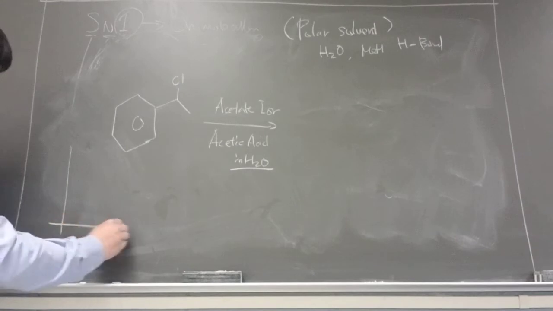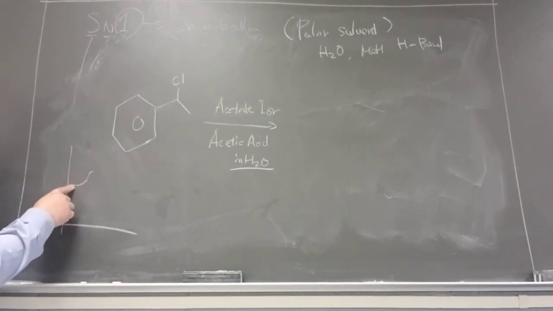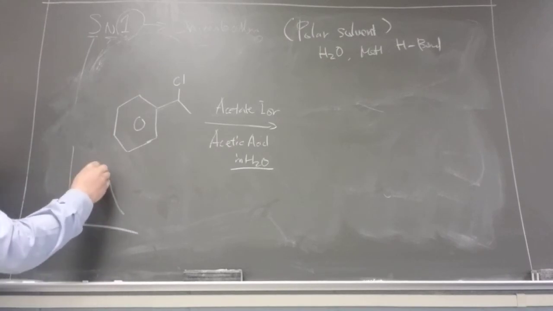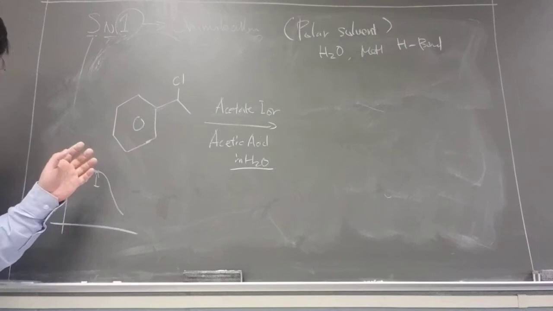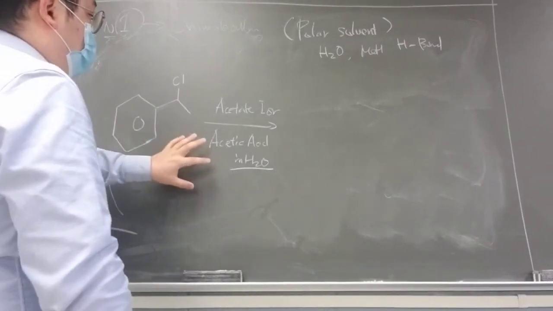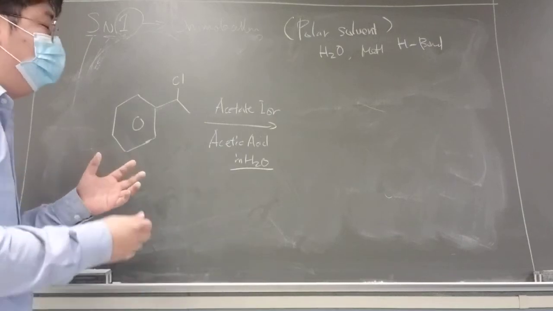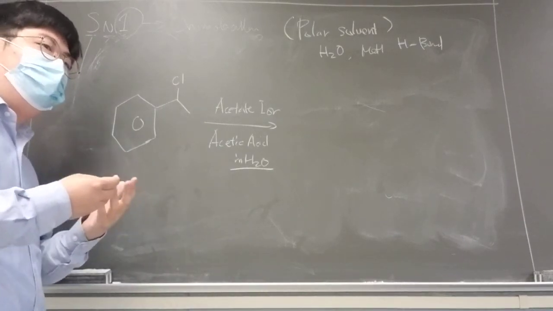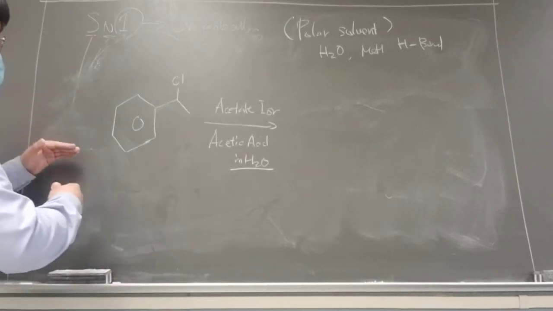I told you, you can check the video on Friday, that makes high energy in the reactants, so that makes a lower activation energy. That is why it's good for SN2. But here, once again, unlike SN2, for SN1 a more stable carbocation is a more important job than having these high energy reactants.